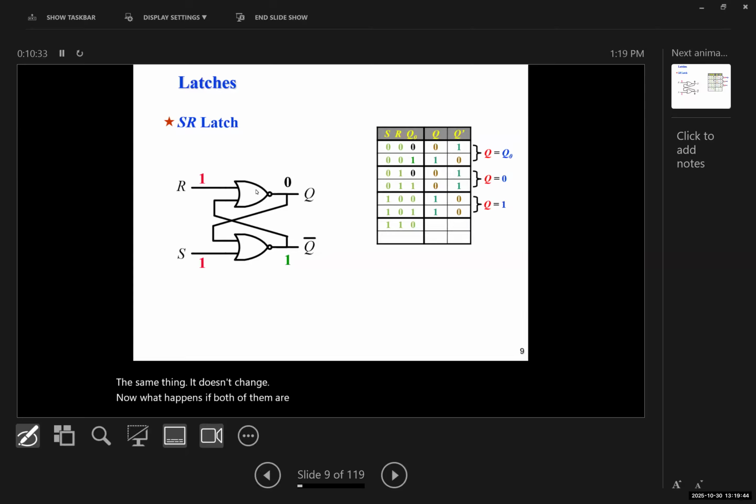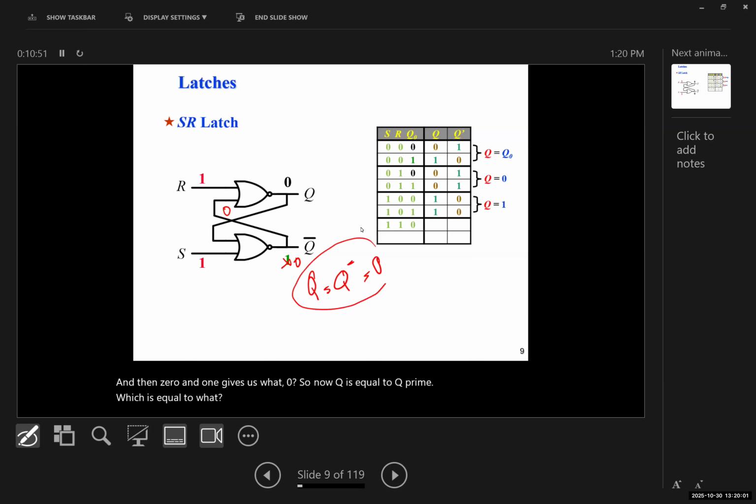Now, what happens if both of them are 1? 1 and 1. 0 is here. 1 and 0 gives us what? 0. And then 0 and 1 gives us what? 0. So now Q is equal to Q prime, which is equal to 0. But this is not acceptable, Q cannot be equal to Q prime. They must be opposite.